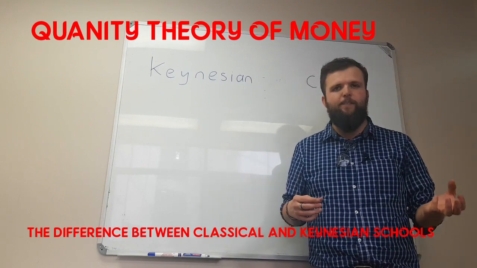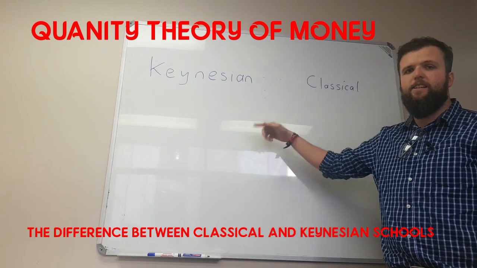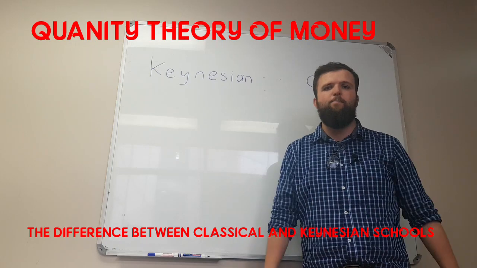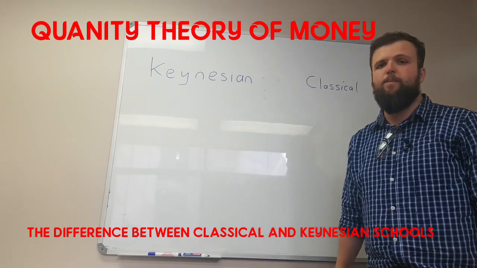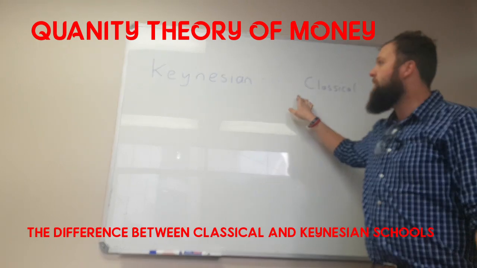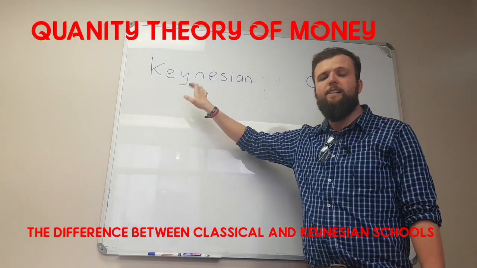Society and political factors are normally the things we need to understand uncertainty, because in an uncertain environment there are external factors that play a big part in driving the economy. And that's the key difference between the Keynesian and classical school in broad terms: the classical school assumes certainty and the Keynesian school assumes uncertainty.